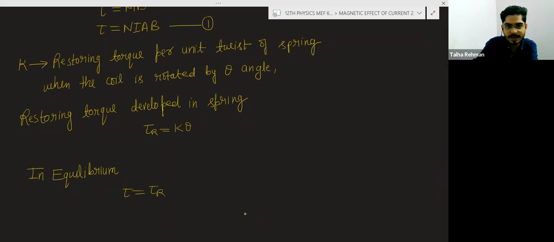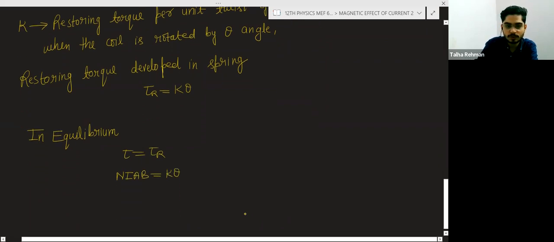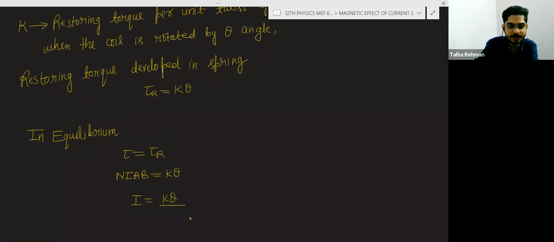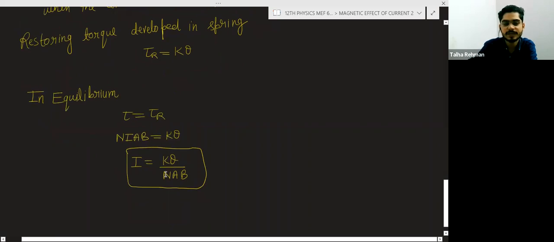So this tau is NIAB and restoring torque is equal to k into theta. So we have to write the expression for the current in the galvanometer. This is given by k theta is equal to NIAB, so I = k theta / NAB. So this is the current in the galvanometer. You can see from here k is constant, N is constant, area of the coil is constant, magnetic field is constant.